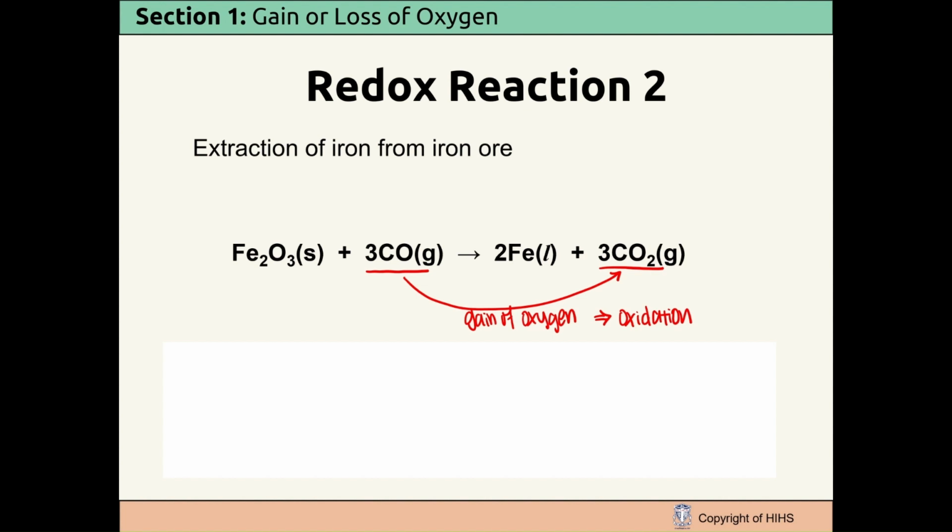Your iron oxide over here, it loses oxygen, and hence it's a reduction reaction. So over here, we can say your carbon monoxide is oxidized. Your iron 3 oxide is reduced.